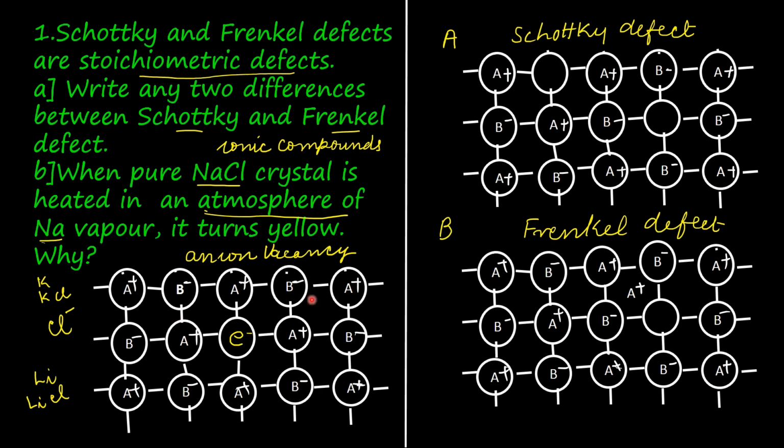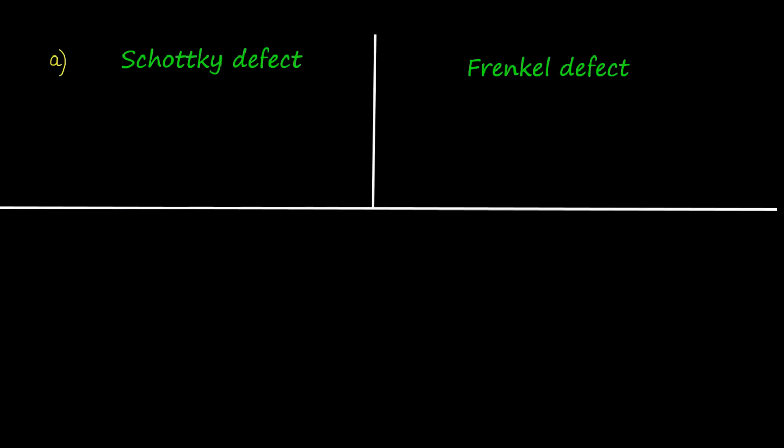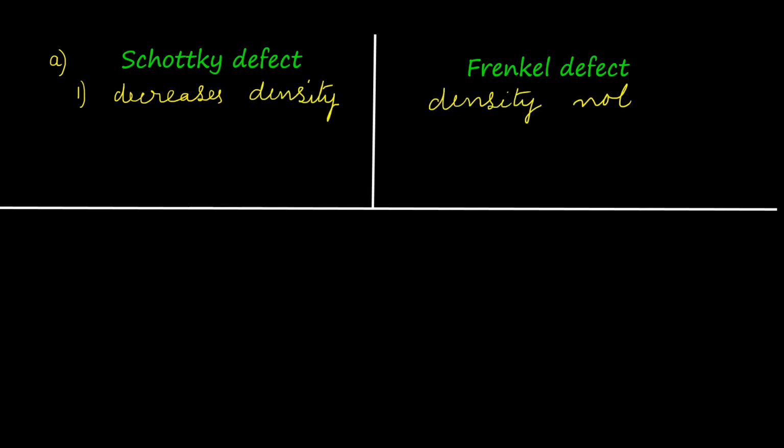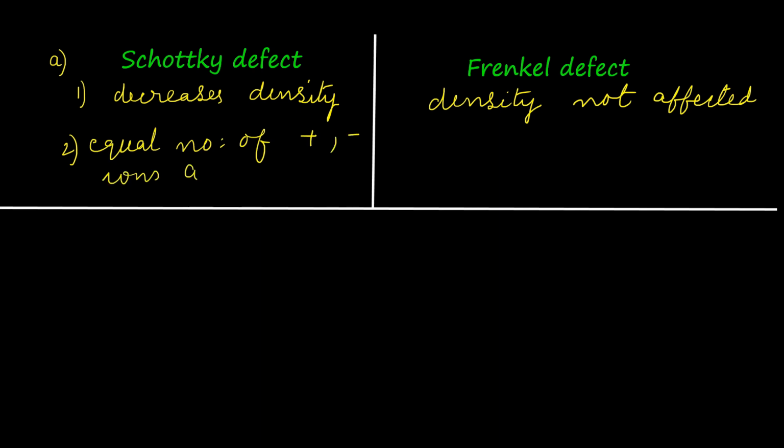Now we will see how we should write the answer. Under section A, you need to write only two differences between Schottky and Frenkel defect. In Schottky defect, there is decrease in density. For Frenkel defect, density is not affected. For Schottky defect, equal numbers of cations and anions are lost. Therefore, electrical neutrality is not affected.